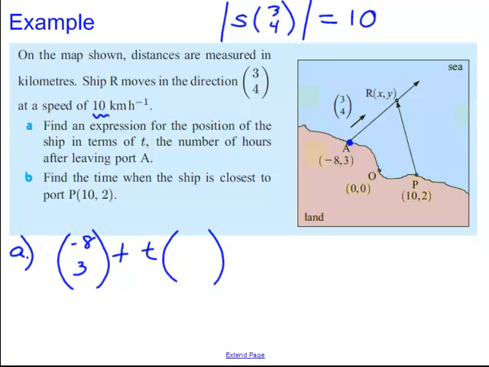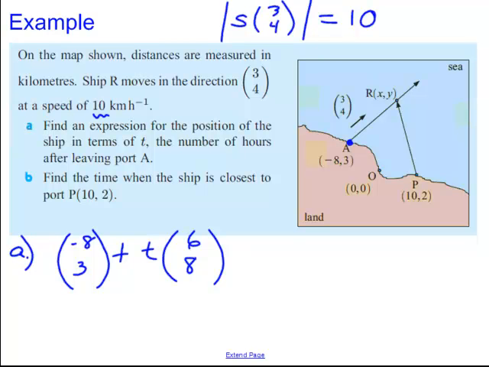In order for that to happen, I have to double it, which means my velocity vector is actually going to be (6, 8). Because again, if I check that, 6 squared plus 8 squared is 100, the square root of that is 10. So my velocity is correct, and it's 10. It's going in that direction of (3, 4), which is the same thing as the direction of (6, 8). It's just shrinking it down in size.